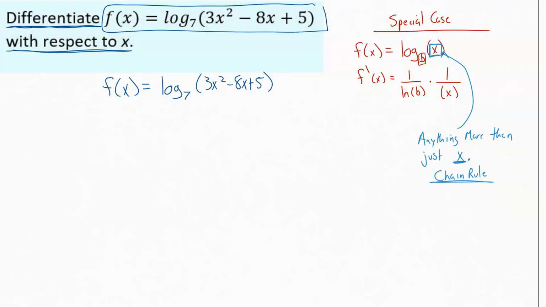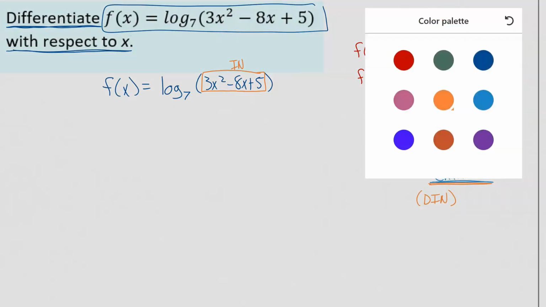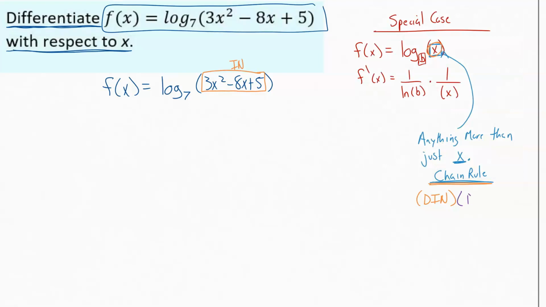So going back to our specific problem, we definitely have something way more than an x on the inside of our log function. And so that tells us we need to follow the chain rule. My chain rule recipe goes d in times d out, the derivative of the inside piece times the derivative of the outside piece.